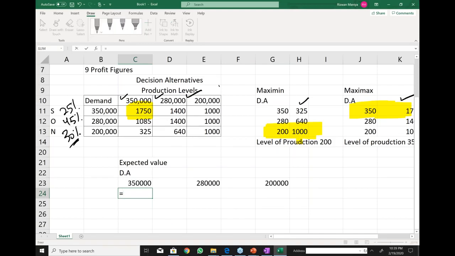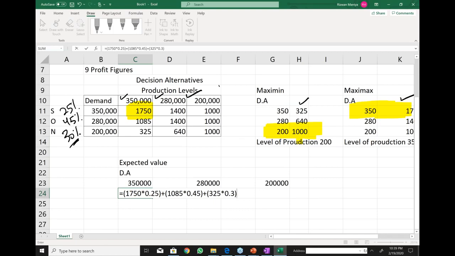I'm doing the calculation in one cell, so just look at it: 1750 profit having a probability of 0.25, bracket close, plus 1085 profit having a probability of 0.45, bracket close, plus 325 having a probability of 0.3, bracket close.